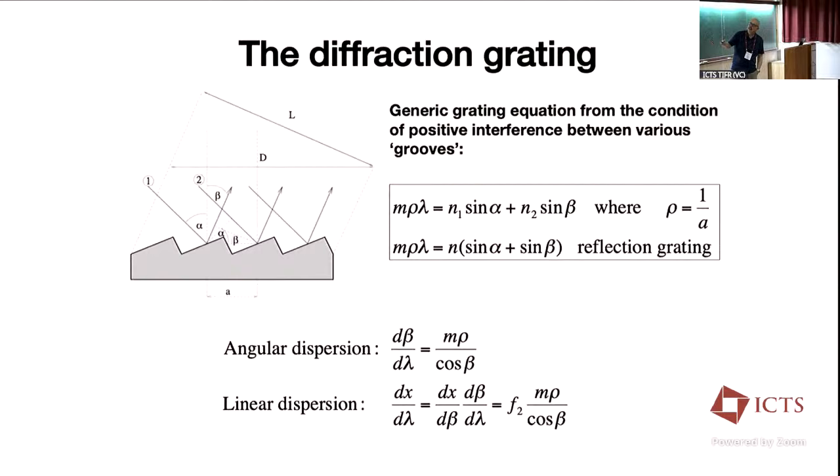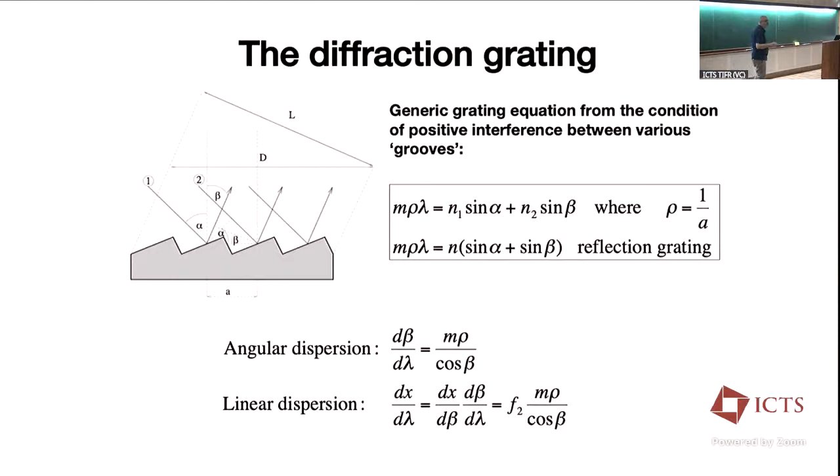And you can compute it. It's a little bit of geometry to be done here. It's relatively simple. You can do it yourself. You get this equation here, which is called the grating equation, where alpha is the input angle and beta is the output angle. And if you derive this equation, you end up with the angular dispersion: d beta over d lambda is the order number times the grating constant divided by the cosine of beta.